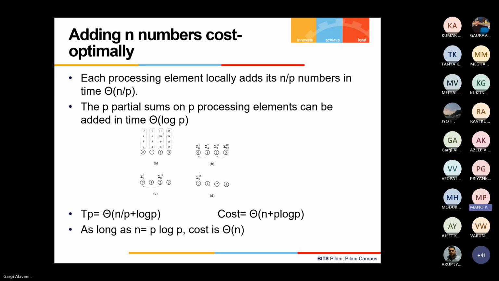Is it clear? So the total time is dividing this amongst n by p and in log p time it gets completed, the summation of all the elements.